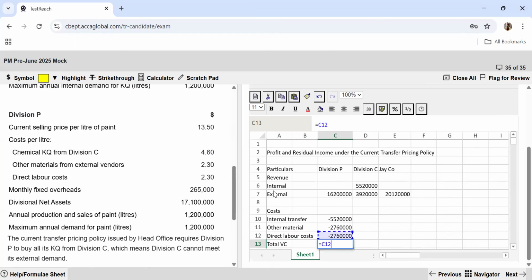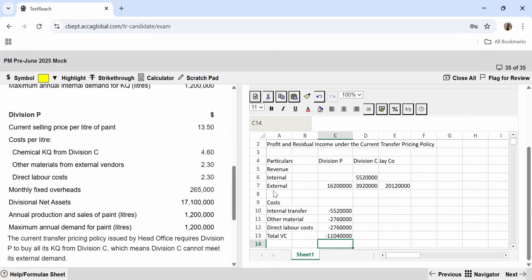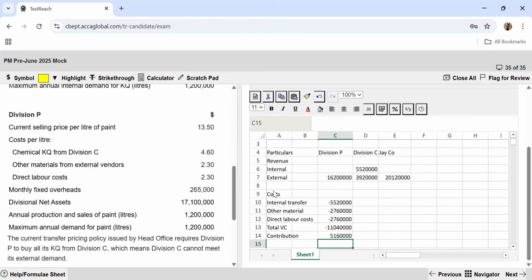So the total variable cost will be this plus this plus this. So it's going to be this much. And then I can find out what we call my contribution. How do we work out the contribution? It is the revenue plus the cost. Because we've already taken the cost as negative, that's why I'm using the plus symbol. So this is what my contribution is going to look like for division P.